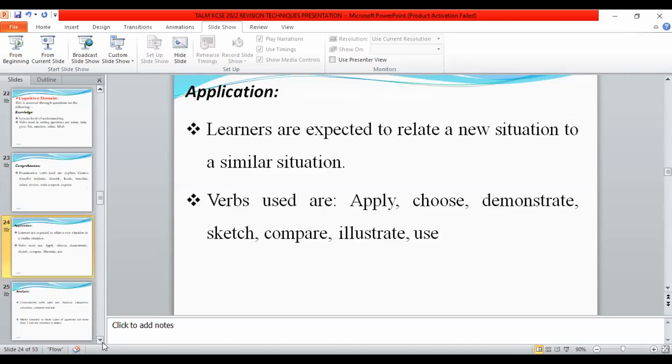Some of the verbs that are used in certain questions in application are apply, choose, demonstrate, sketch, illustrate, compare. I want to give an example of this question, which was set last year, where students were told to sketch a graph to show, I think it was the effect of temperature on the rate of diffusion or something like that.